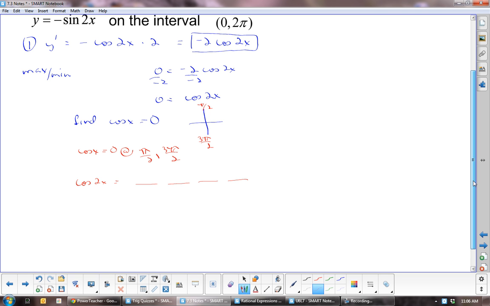Where'd 1/2 come from? Good. Okay. So we've got a horizontal stretch by 1/2. So then I will get pi over 4 and 3 pi over 4 for my first two.